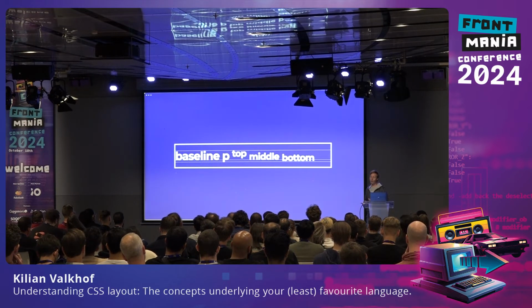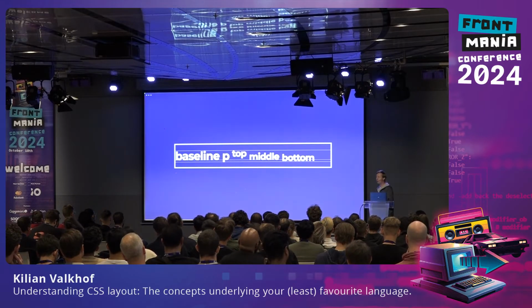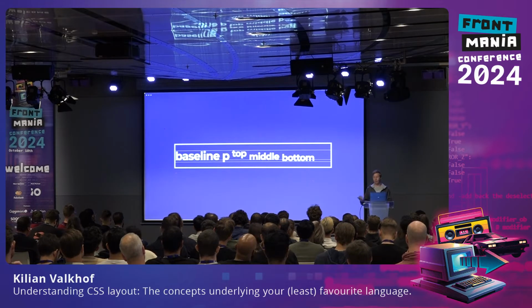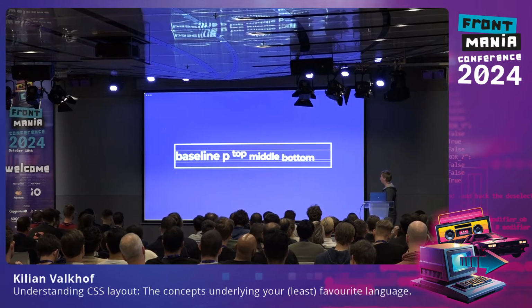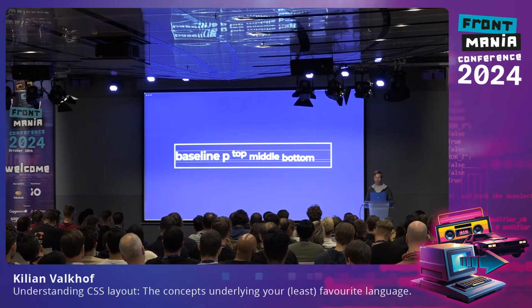Now, baseline is the default vertical alignment for text, but you can also align to the top, the bottom, and the middle of a line, as well as the text top and the text bottom. And as you can see, the top and bottom are determined not by the line, but by the font.